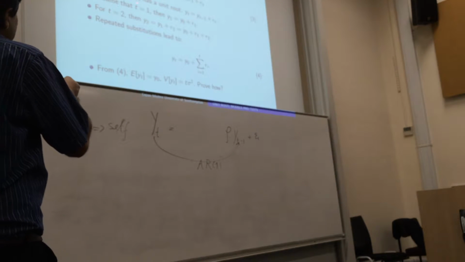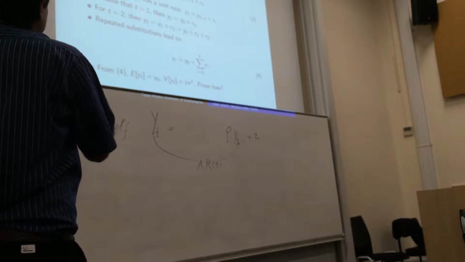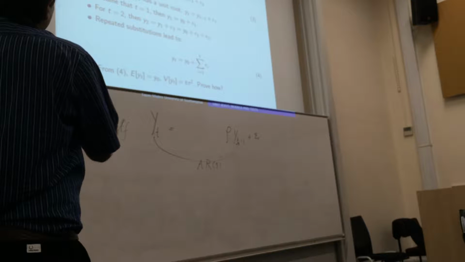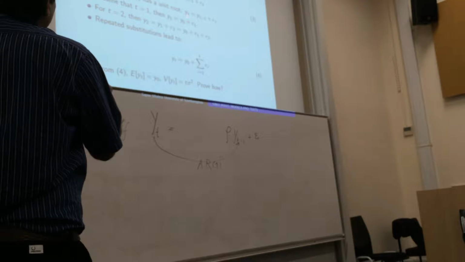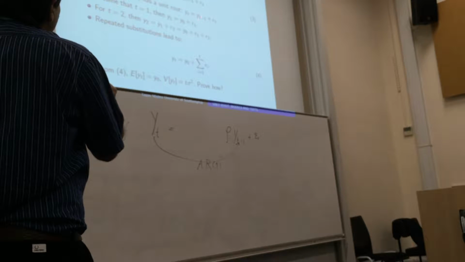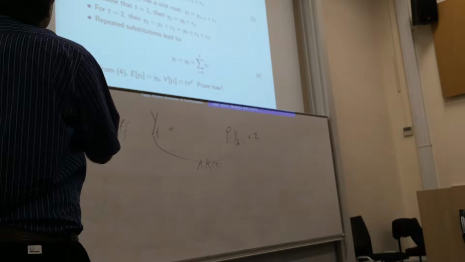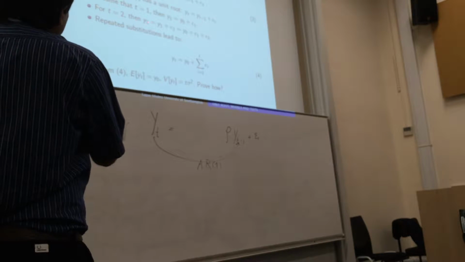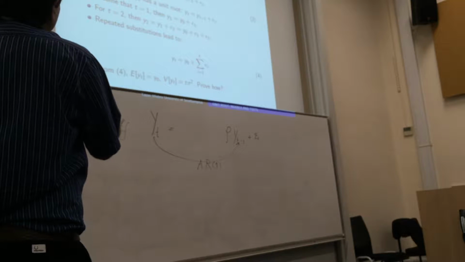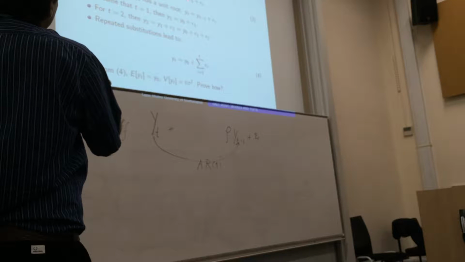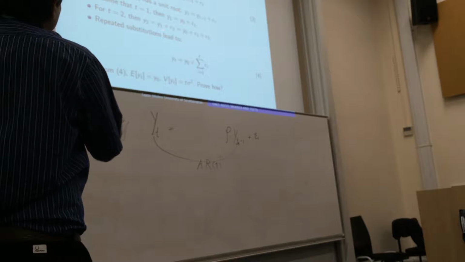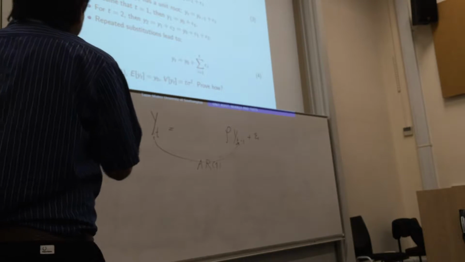Now let's think about two time periods. At t equal to 1, 1 minus 1 equal to 0. So at time period 2, what happens? We write yt, so t equal to 2, then rho yt minus 1, so 2 minus 1 is 1, then epsilon 2.